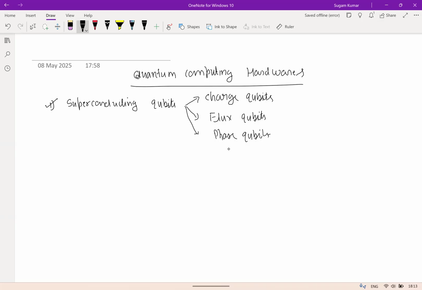So based upon these three fundamental variables, charge, flux and phase, we can construct different types of qubits. For example, the earliest, or I can say the first qubit which was realized in superconductors, is known as the charge qubit, and sometimes we call it the Cooper pair box or CPB.